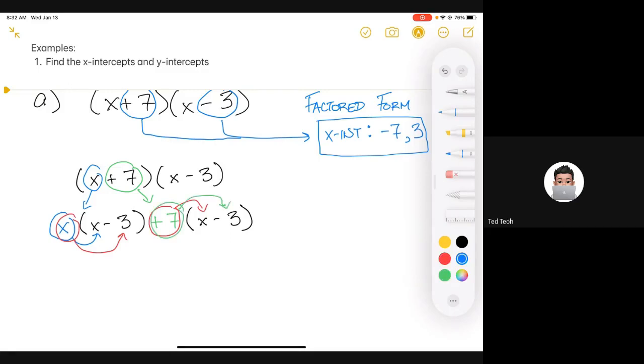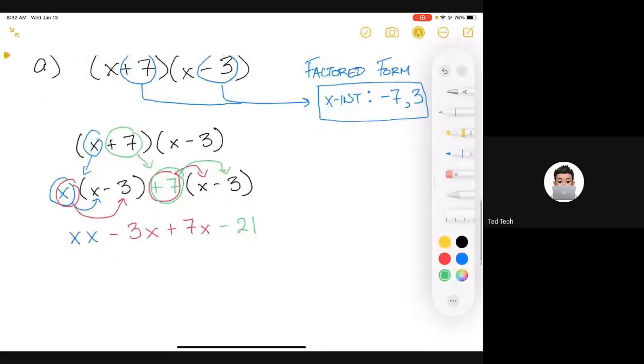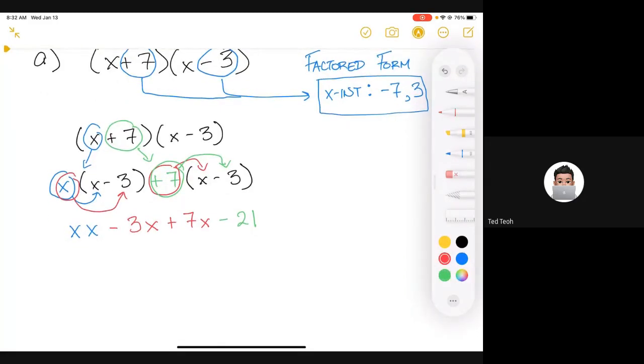So x times x is just going to give me xx. X times negative 3 is going to be negative 3x. Positive 7 times x is going to give me positive 7x. Positive 7 times negative 3 is going to give me negative 21. I wrote it in those colors specifically because I wanted to show you that these two are like terms, so these two can be added together.